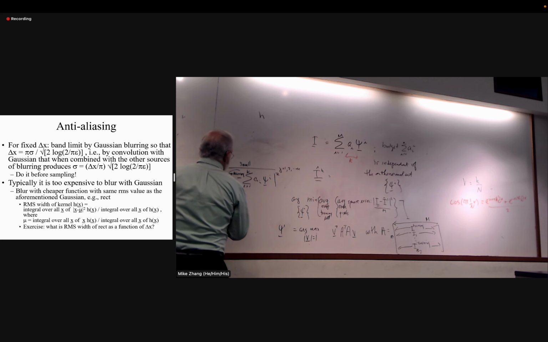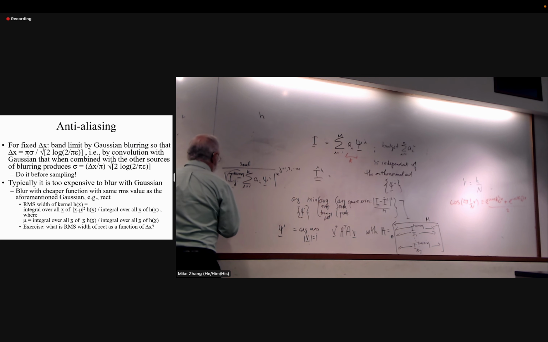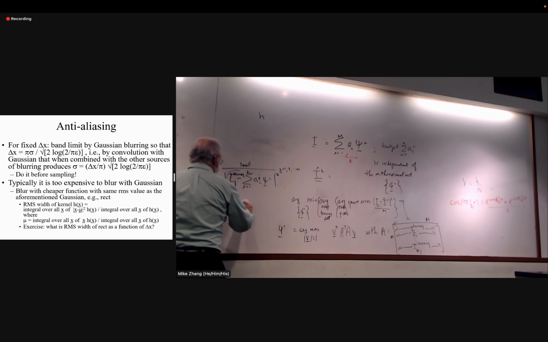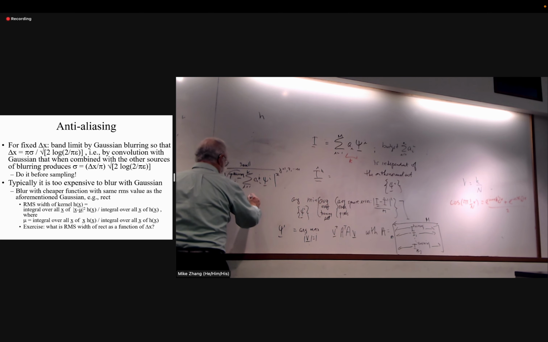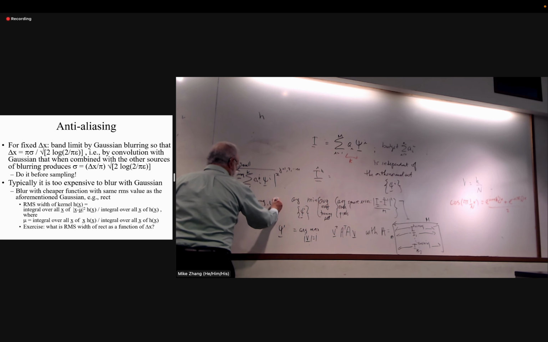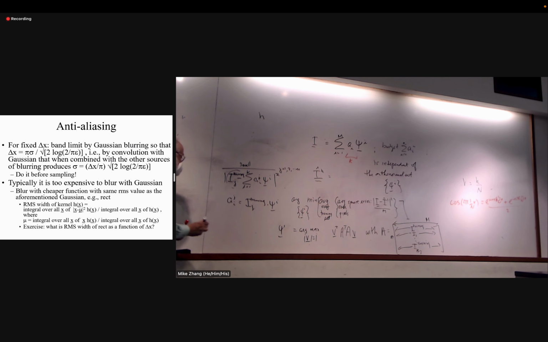Note that the a_j for this particular image j is simply I_j, the training image, dot psi_j. The dot product rule, because these are all orthonormal image sets.